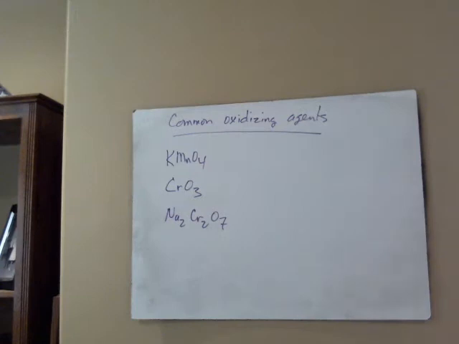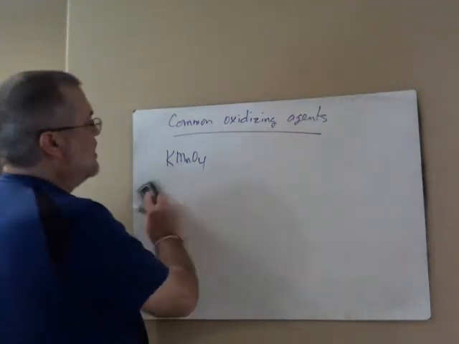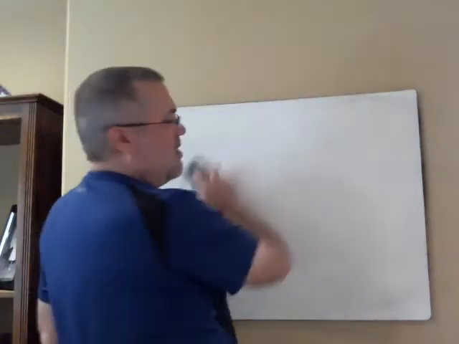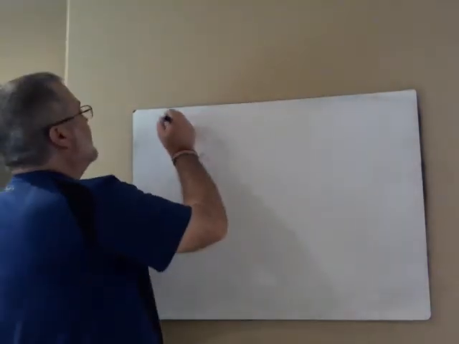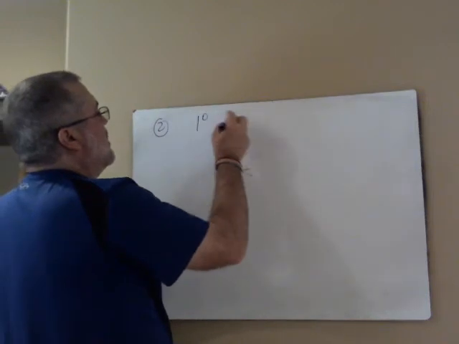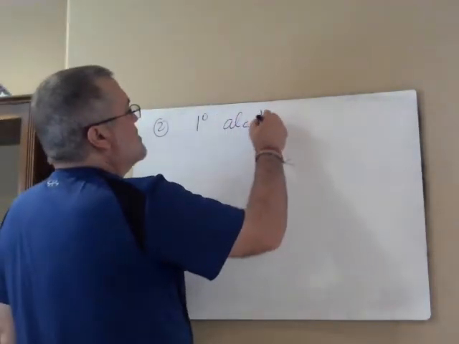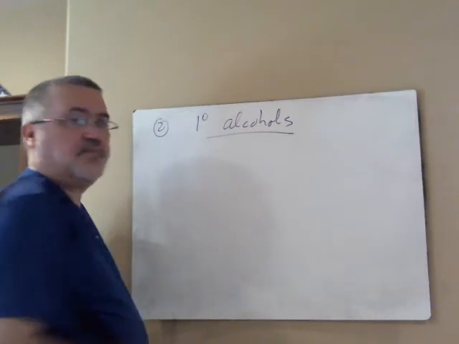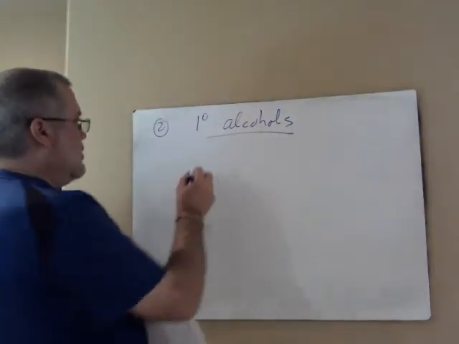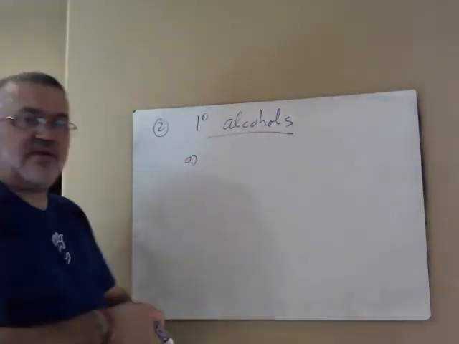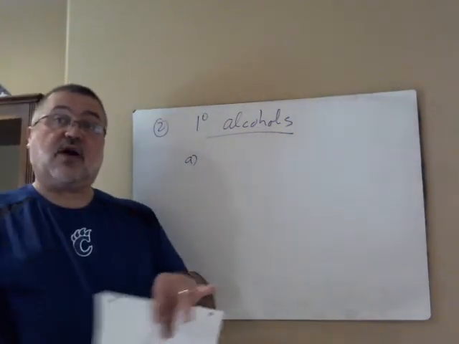Okay, so to look at how these agents can be used to oxidize alcohols, we're going to break it down and first talk about reactions of primary alcohols. The first oxidation, because remember there were two oxidation states.